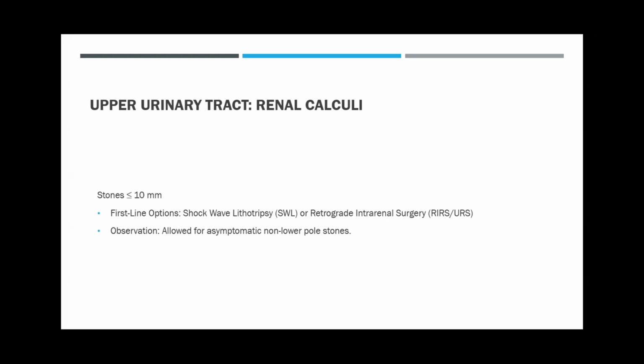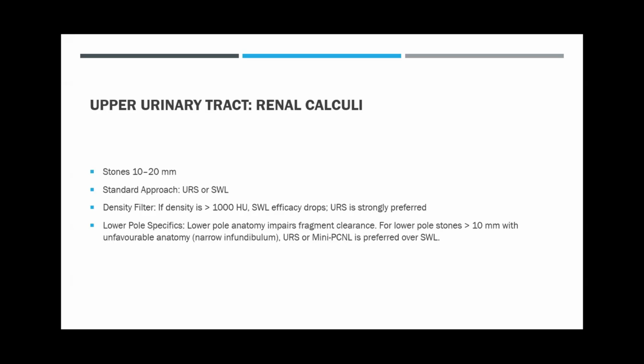it depends on the stone size. If the stone size is less than 10 mm, then we can give the option for observation. And the first line option here is also SWL, as discussed by my colleague previously. If the stone size is between 10 and 20 mm, the standard approach is URS or SWL.